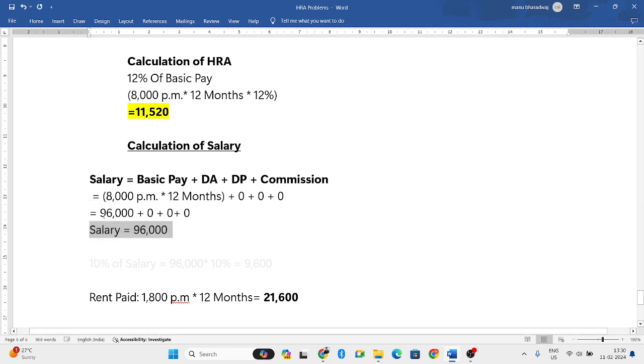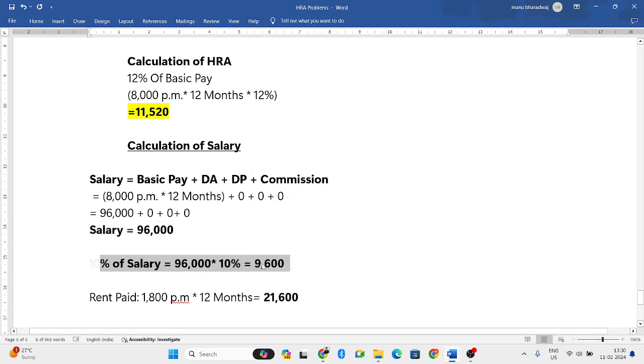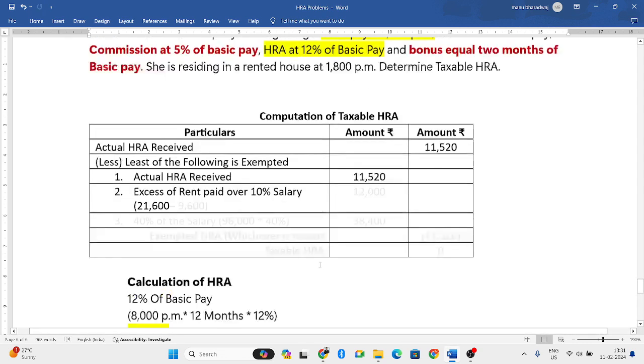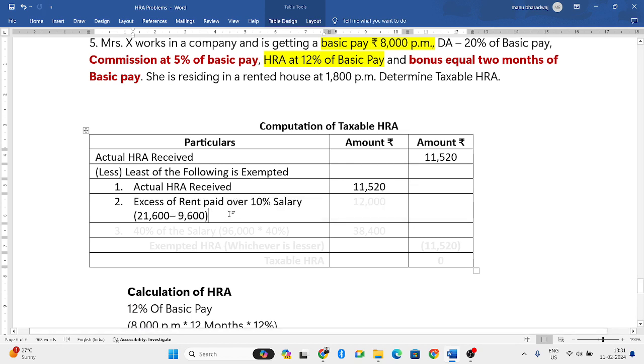So the total salary will be 96,000. We want 10% of the salary. The 10% of the salary will be 9,600. So I will subtract it by 9,600. 21,600 minus 9,600 will be 12,000. So 12,000 is the second exemption.